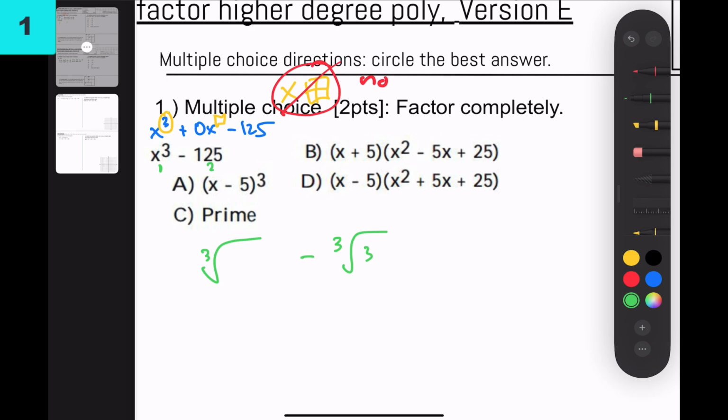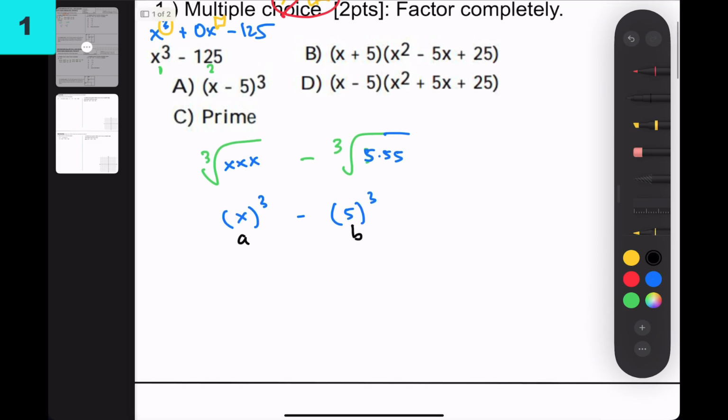So this is going to be x, x, x, and this is going to be 5 times 5 times 5. So the cube root of x cubed is just x, and the cube root of 125 is 5. This becomes my a and b, and then we can do the formula: a, a squared, ab, b squared. And then this is where my SOAP comes into play.